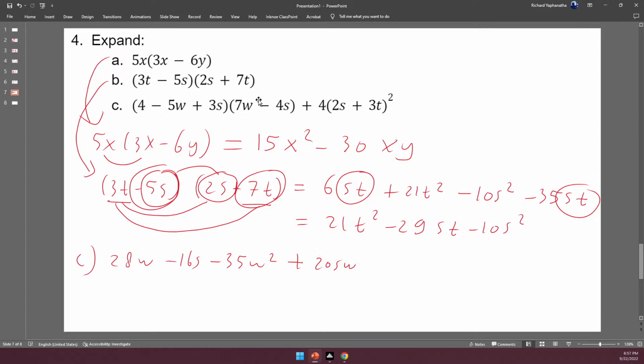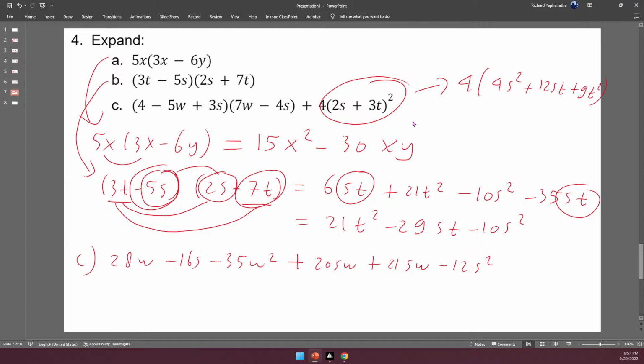Many of you, minus multiply by minus, becoming minus. And then after that, 3 and this one, it will be plus 21sw. 3s and 4s, it will be minus 12s squared. After that, this one, you can use chapter 4, so it will be easier. So 4 of 4s squared plus 12st plus 9t squared.